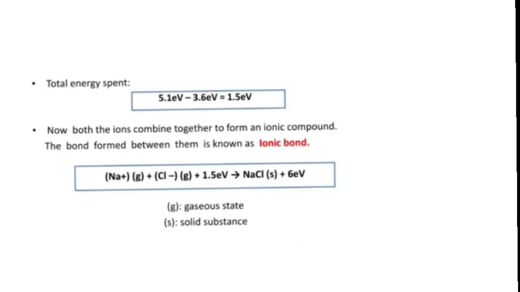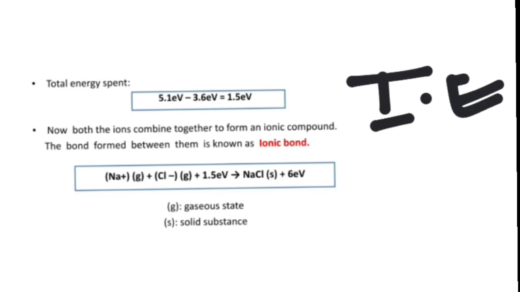When Na+ ion is formed, I have to supply 5.1 electron volt, which is the ionization energy, and for Cl- to form, it releases 3.6 electron volt energy, which is the electron gain enthalpy.